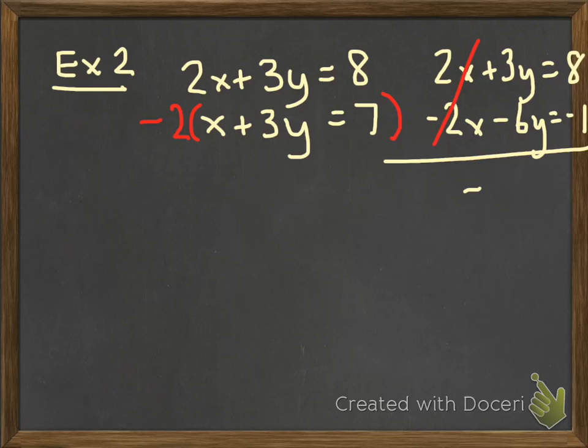We have -3y equals, and then 8 minus 14 is -6. Divide by -3. And we get the y coordinate of the point of intersection is 2.